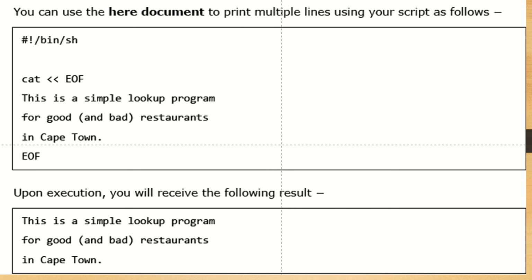You check all the restaurants available in Cape Town, whether they are good or bad. Upon execution, you will receive the following results: this is a simple lookup program for good and bad restaurants in Cape Town.